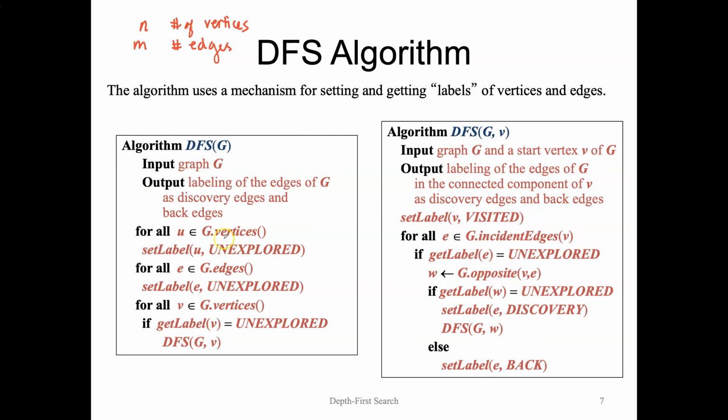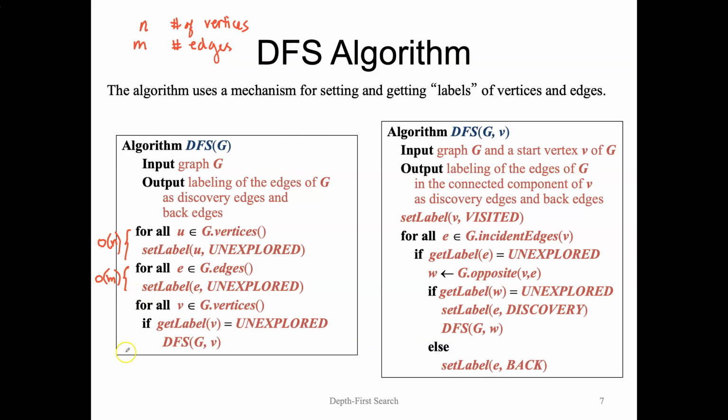To just mark every vertex and edge as unexplored will be big O of n plus m time, because we have to go through this for loop. We'll execute this n times, and note that we can set or get a label in constant time. So this first for loop is big O of n, because we go through each of the n vertices and mark them as unexplored. Our second for loop is big O of m, because again, we go through each of the m edges that we have and mark them as unexplored.